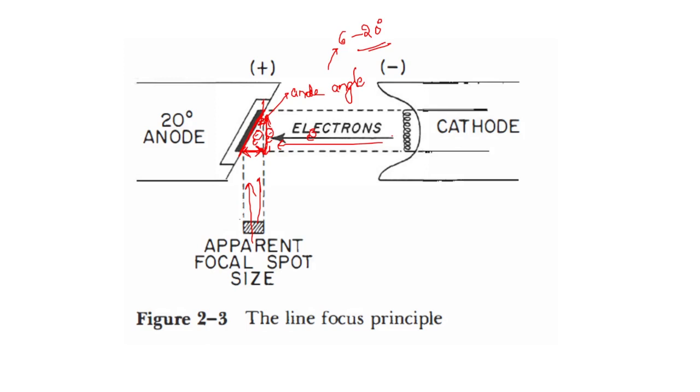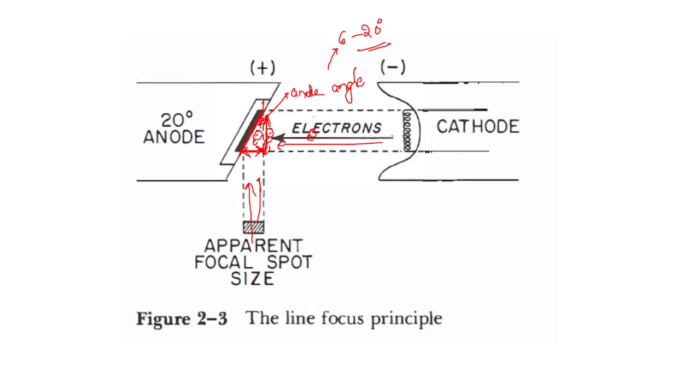So from the direction of X-ray emergence, the focal spot is made smaller, and at the same time from the direction of the electrons the focal spot is large so that it can dissipate the heat. This is called the line focus principle. By inclining the anode at an angle, both properties have been achieved: a larger focal spot for dissipation of heat, and a smaller apparent focal spot for good radiological detail.